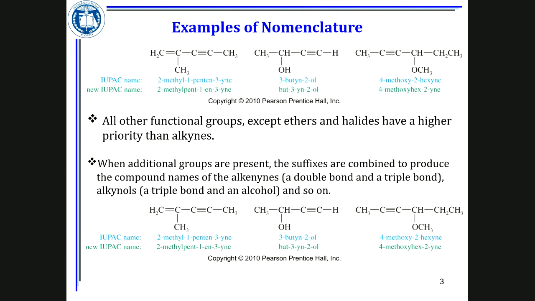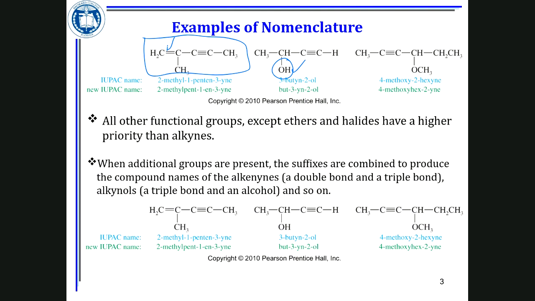When you have more than one functional group, then you have more responsibility. Now you have to give priority to the functional groups. Which one takes priority? Between alkene and alkyne, you may not expect this, but alkene has higher priority. Between alcohol and alkyne, alcohol has higher priority.